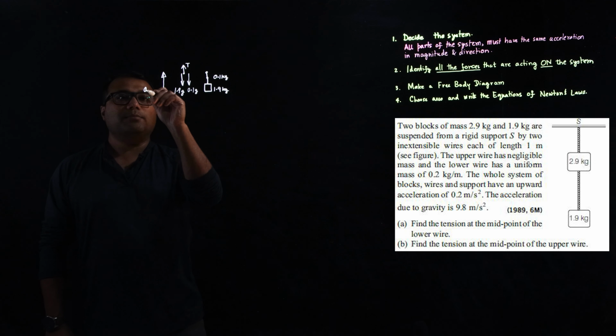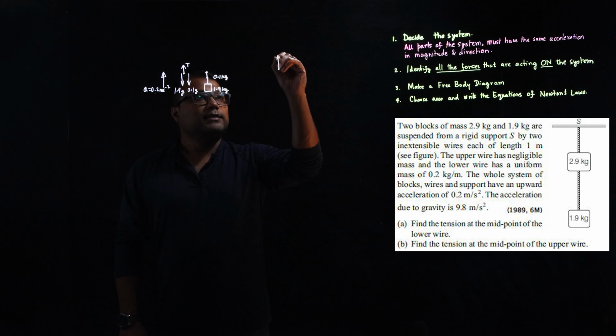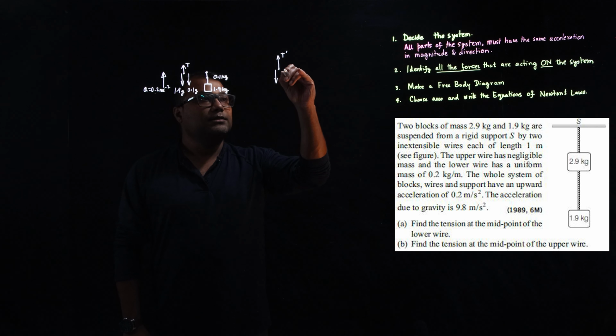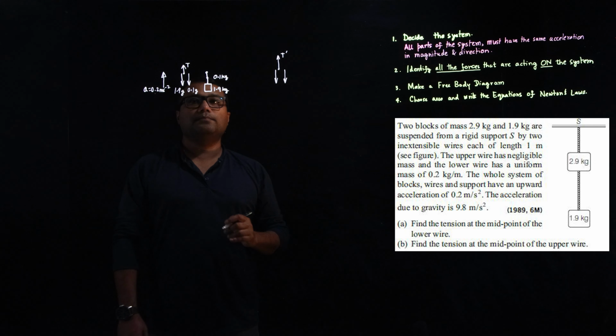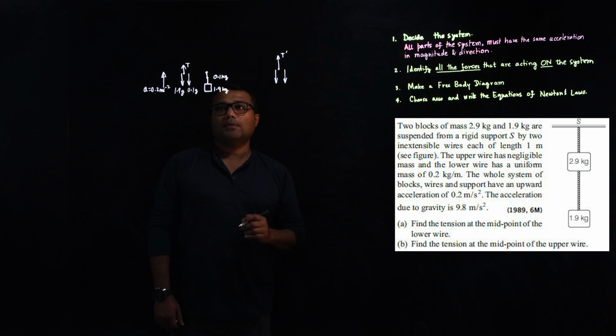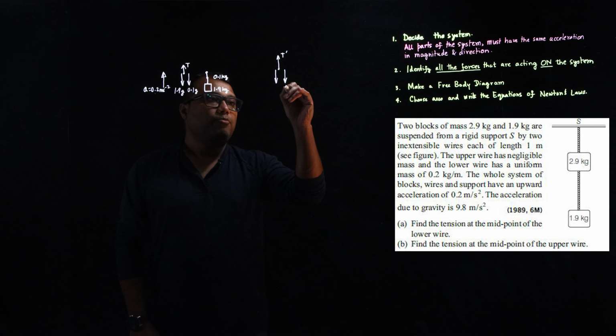Now let's look at the upper string. The upper string also has another tension, T dash, and there are weights pulling it down. One is the weight of the entire lower string, so if the string is 1 meter, that is 0.2 g.